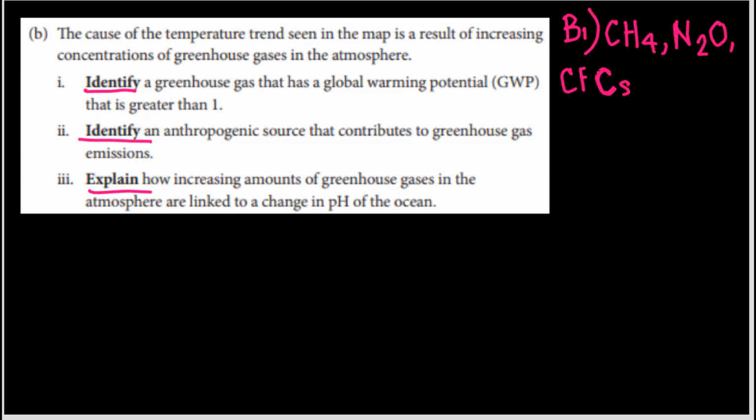Now remember, you don't have to remember all of these, because they just ask you to identify one. So any one of these would have been good.